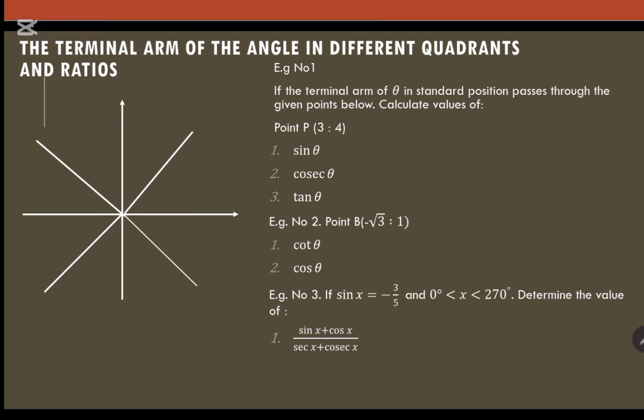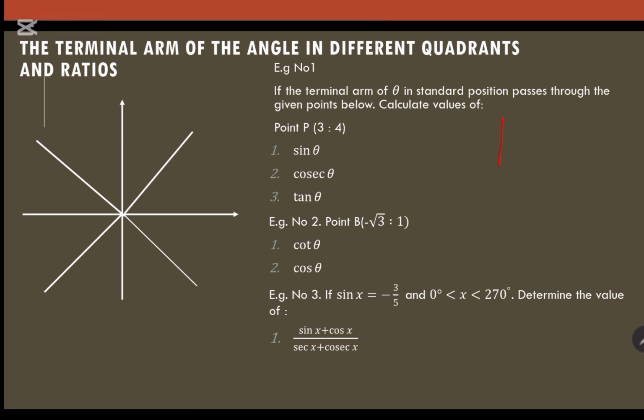So I'm saying if sine x is equal to negative 3 over 5 and x is less than 270 but bigger than 0 degrees, determine the values of this expression.